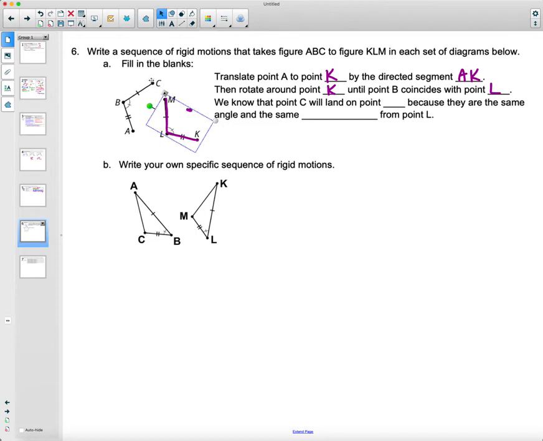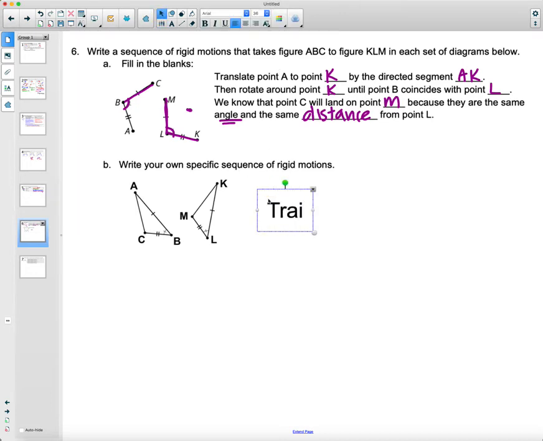And how do we know that C will actually land on M? Because they're the same angle, and they're the same length, or the same distance from point L.